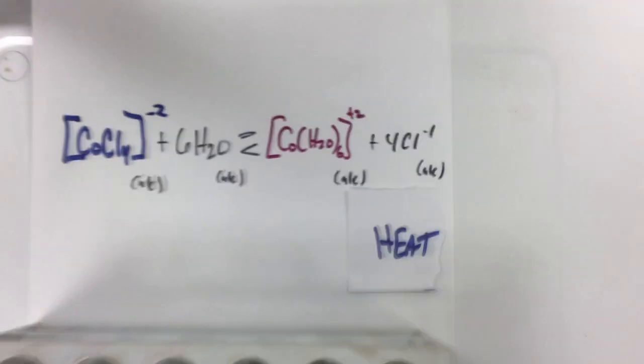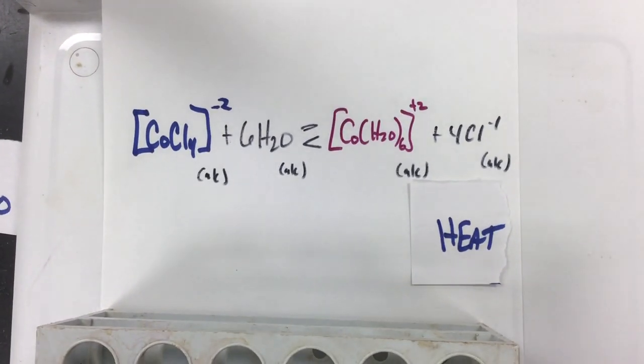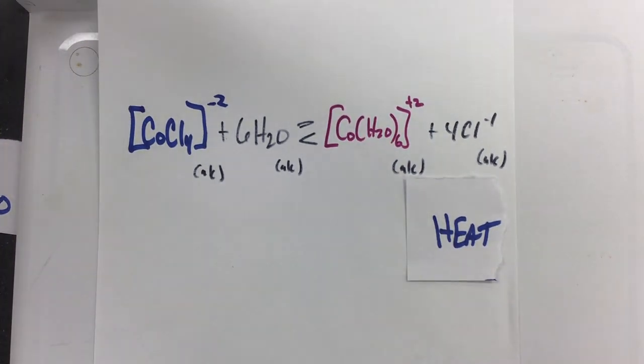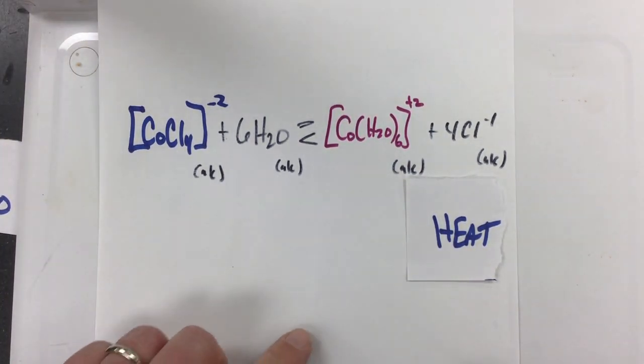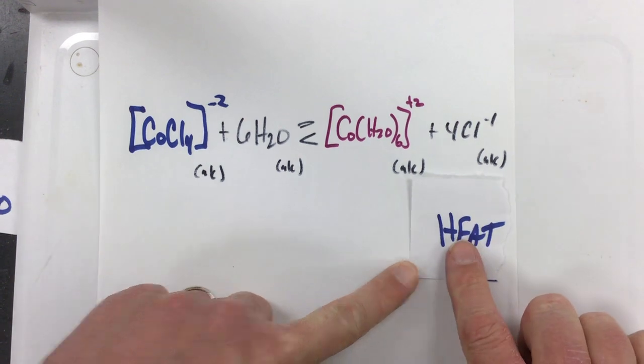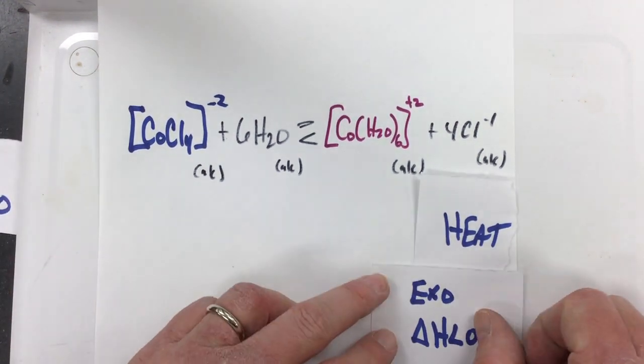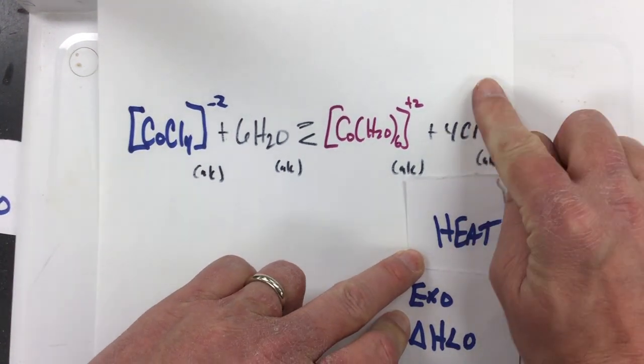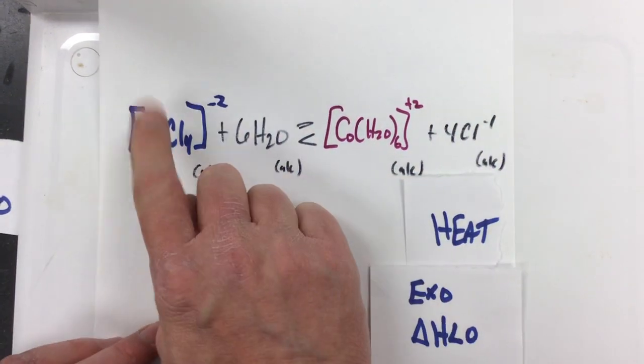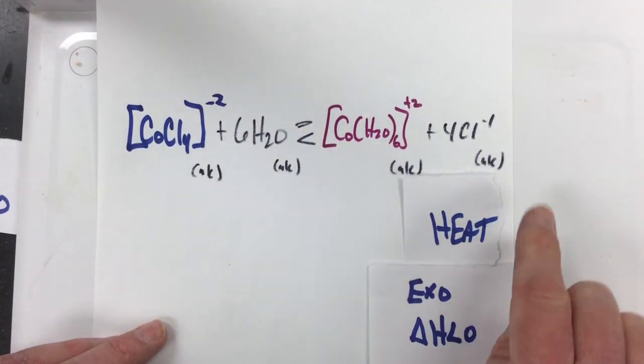So what does that tell us? By adding heat, we have gone to the blue side. So over here, it must be that it is an exothermic process, because by adding heat, I went to the blue side, so heat must be a product.